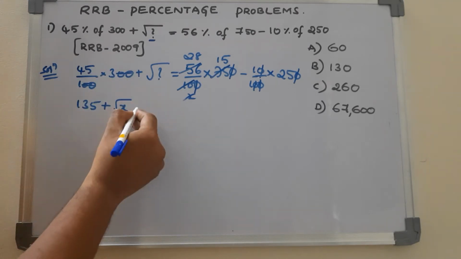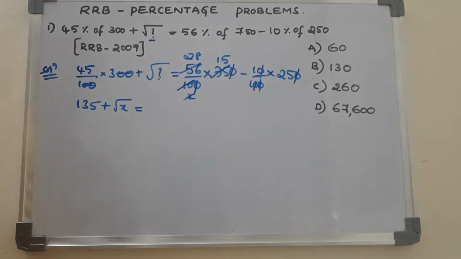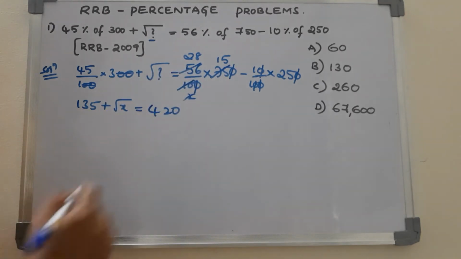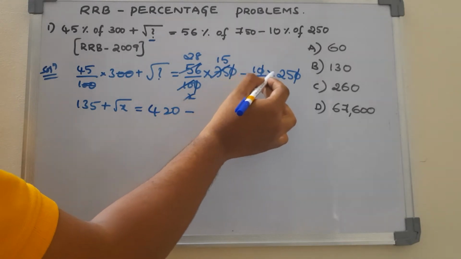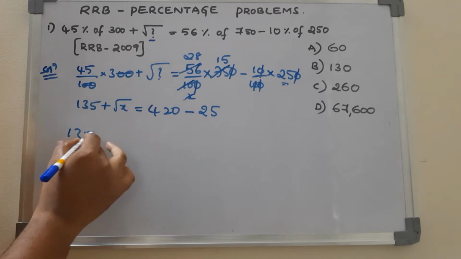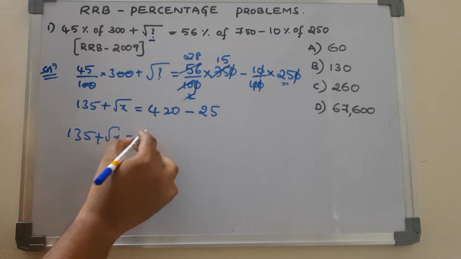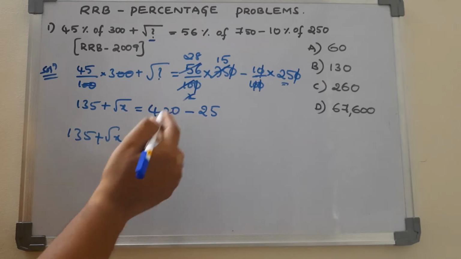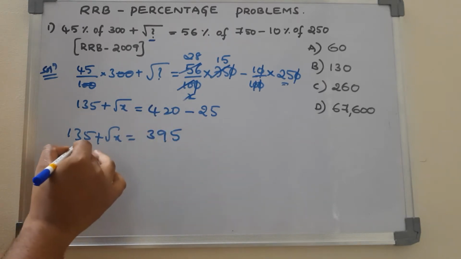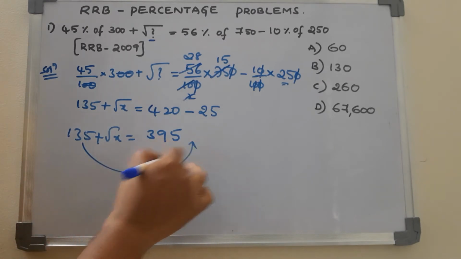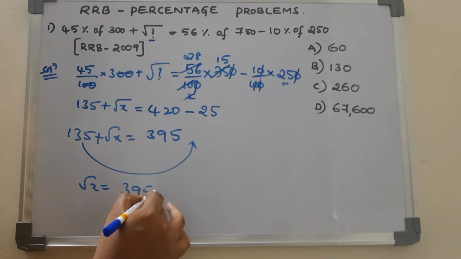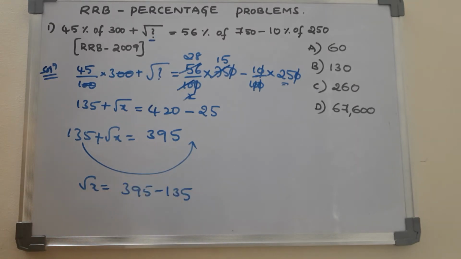Next, 28 into 15, we get 420 minus, here we are left with 25. 135 plus root x is equal to 420 minus 25, that means 395. Just take this 135 across, root x is equal to 395 minus 135.